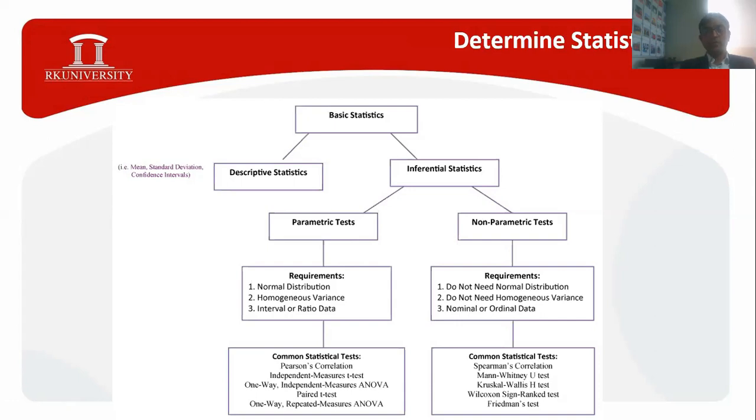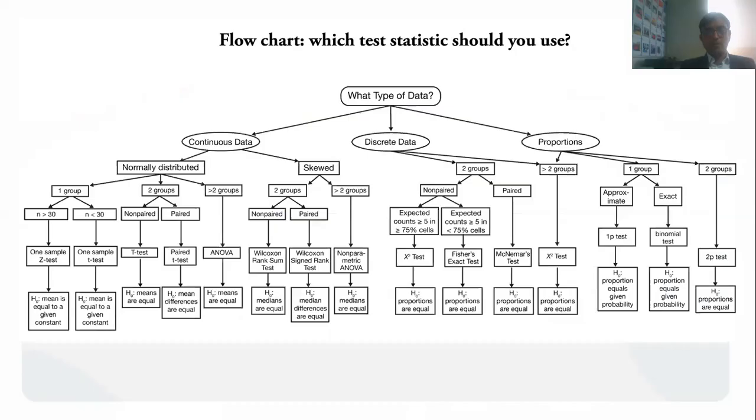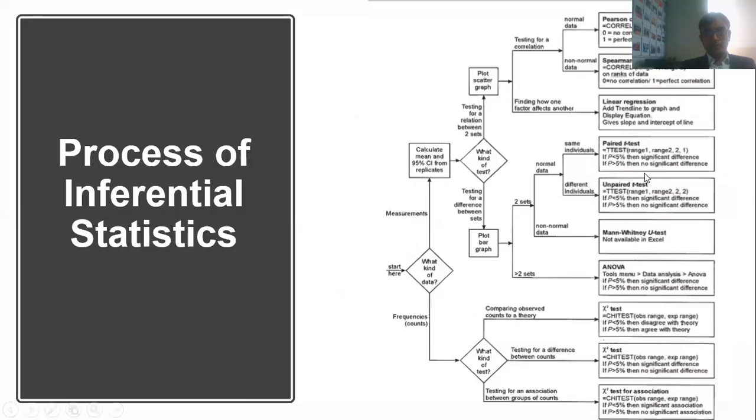There are various methods to determine which test will be applied. In another slide, we will also learn the process of inferential statistics. So for example, here we can see what kind of data we have collected. First, we can go by this flowchart approach: what data have we collected? Is it frequencies or is it a measurement?